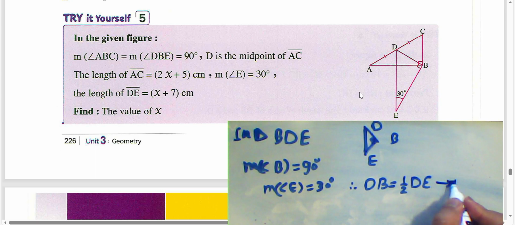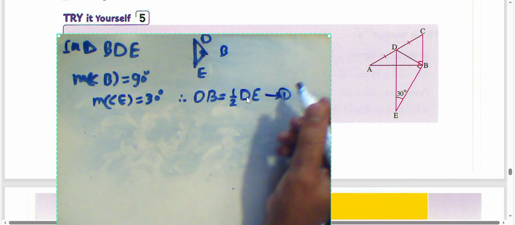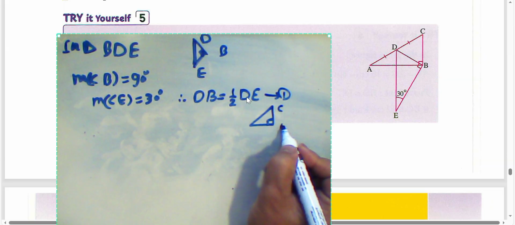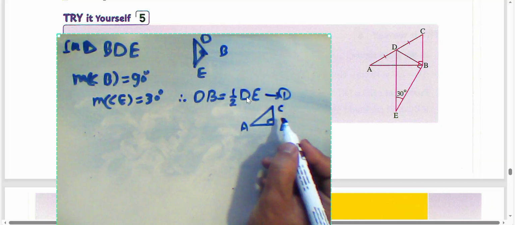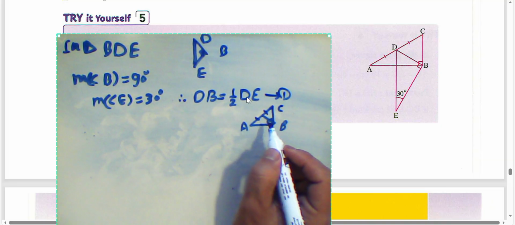It's relation number 1. And in the second triangle up, we also have a right angle triangle like this, triangle CBE, and we have a median here. BD is a median.